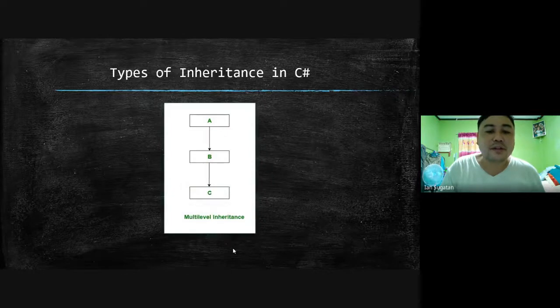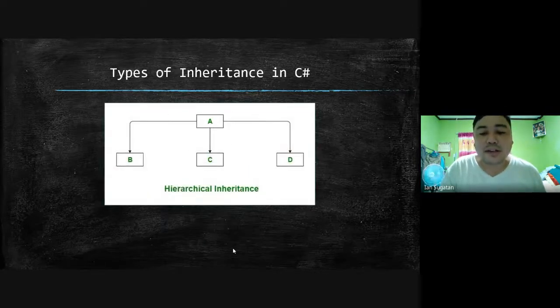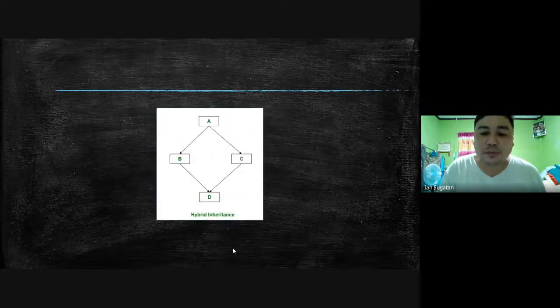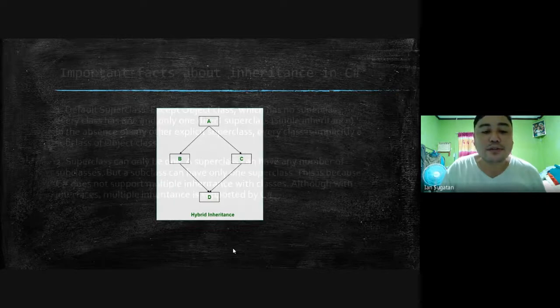Except sa multiple inheritance, kaya sa multiple dapat may duha siya before maka-offspring kay isa ka object, which is ang C. Pero the rest, hasta sa hybrid inheritance, makita ninyo ang A, amo na nato na superclass.